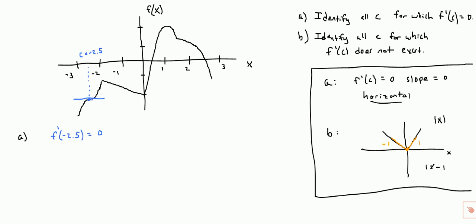So continuing, positive, positive, positive, negative, negative, positive, and then up at this point, the tangent is going to be horizontal. Okay, so if we drop down, that's going to be C equals 1, right?